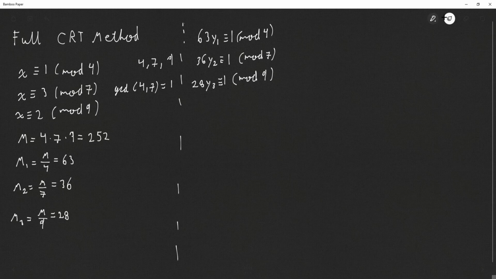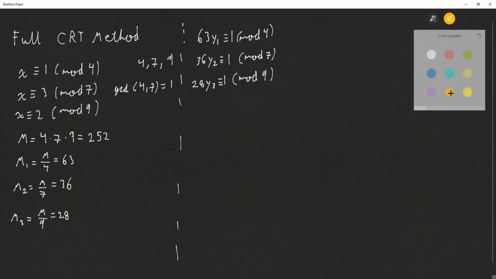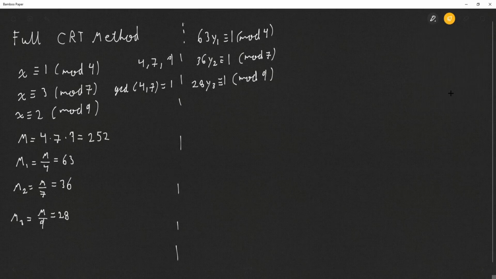So the first one we're going to do, we'll do in orange. We're going to have 63, and we're going to have this equal to 3 modulo 4.